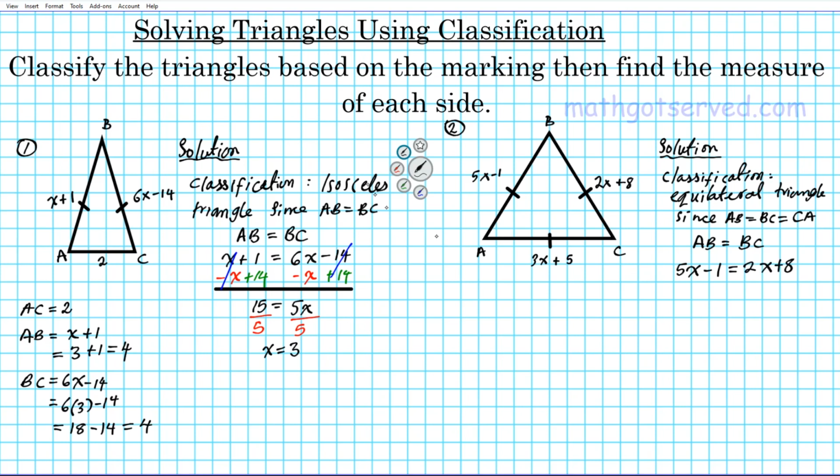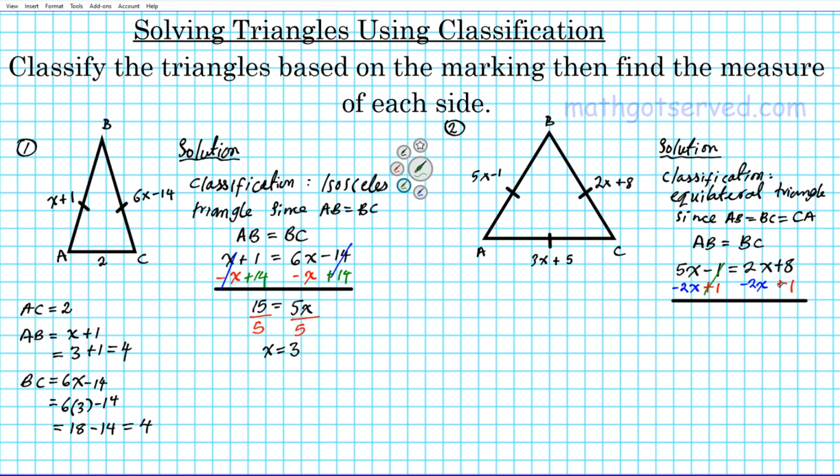Let's subtract 2x from both sides. That will move the variable to the left side of the equation. And then we add 1 to both sides so that the constant 1 moves to the other side of the equation.